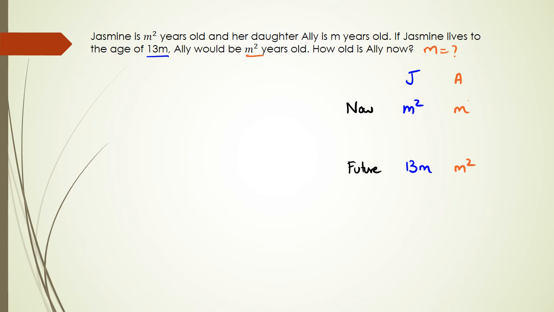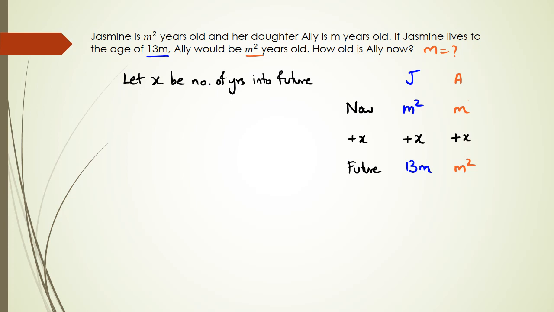All I can say is that now plus X amount of years is equal to the future. So let X be the number of years into the future. Then m squared plus X, whatever Jasmine's age now is plus X years into the future, is going to equal 13m, which is a future age. Same thing with Ali. She's m years old now, plus X years into the future.